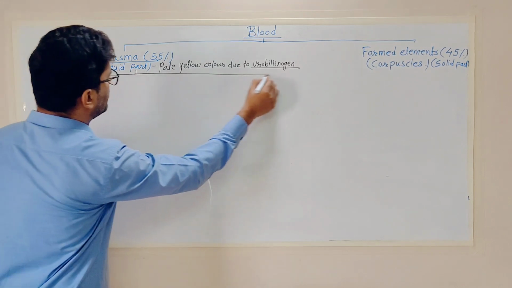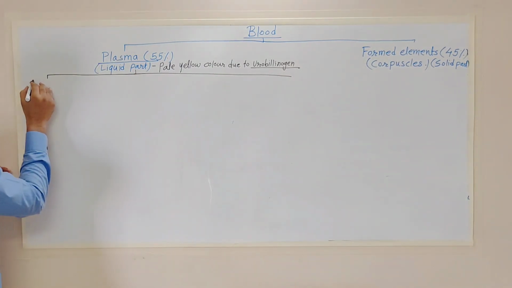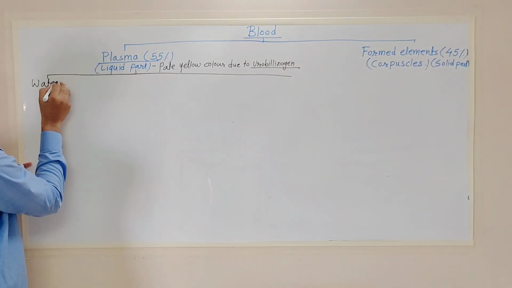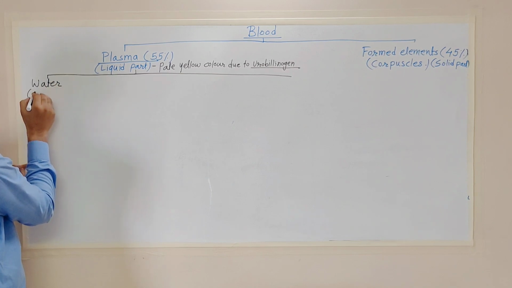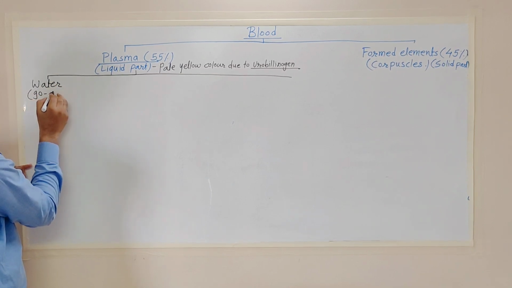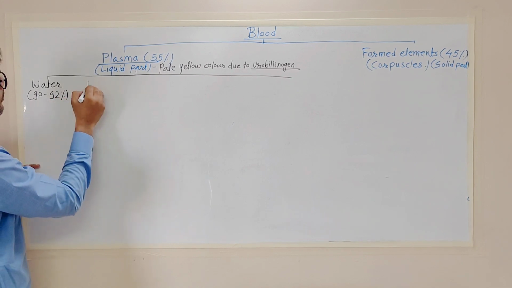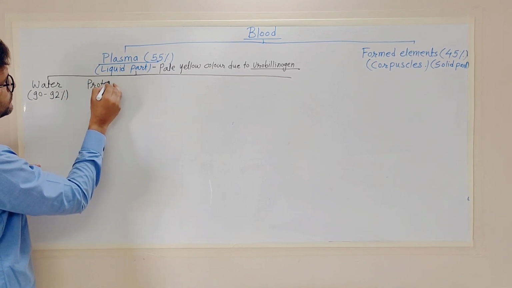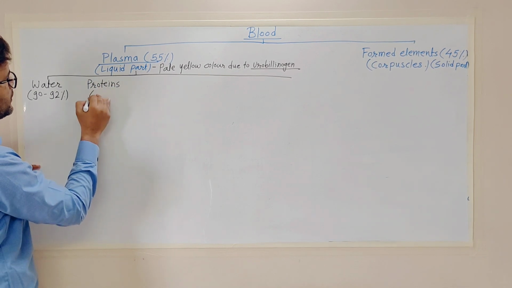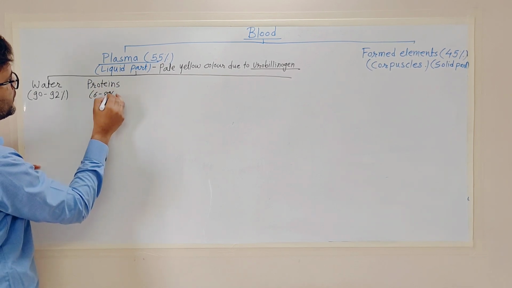It consists of different components. One is the water, which is majorly present, that is 90 to 92%. Then proteins, that is 6 to 8%.